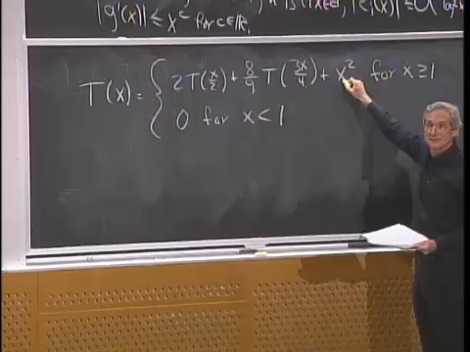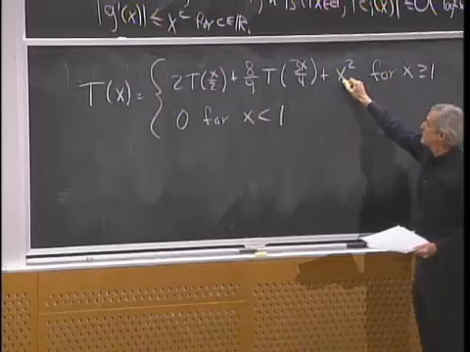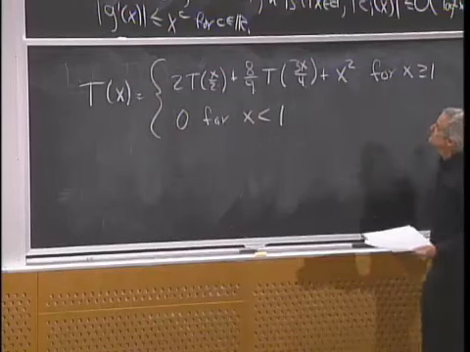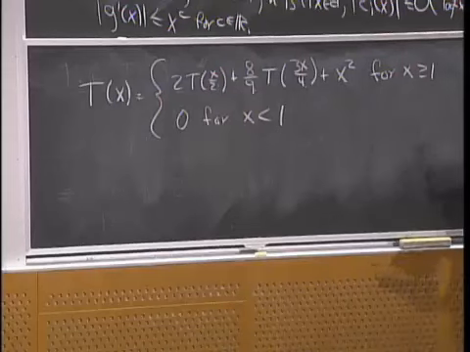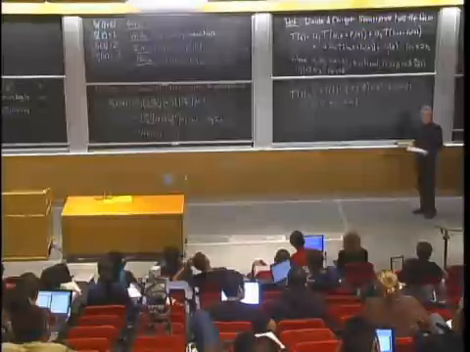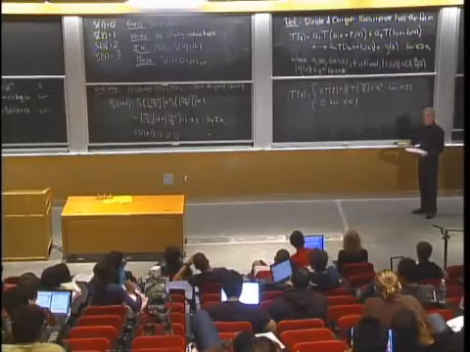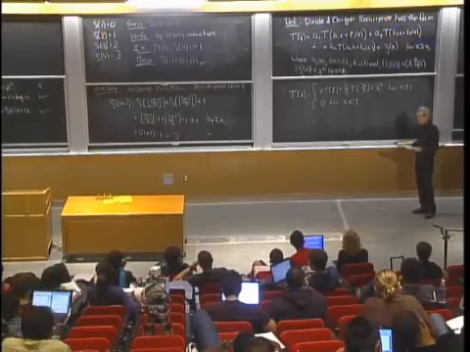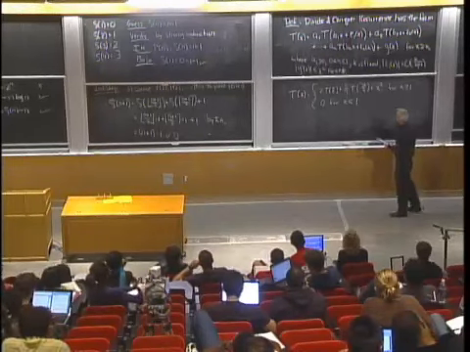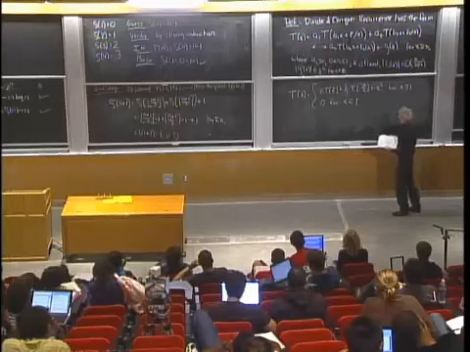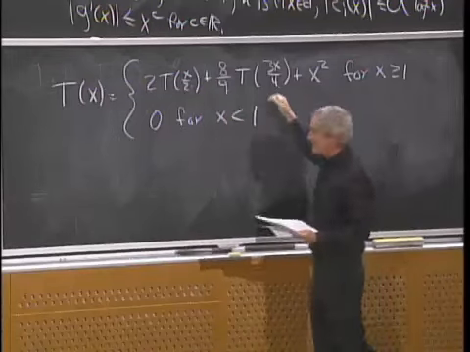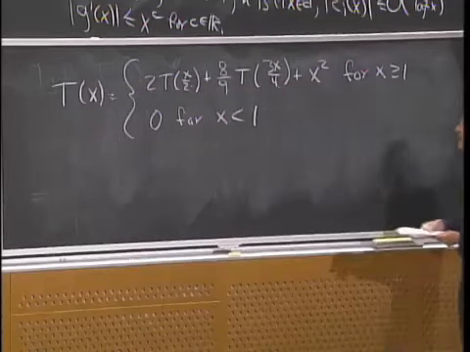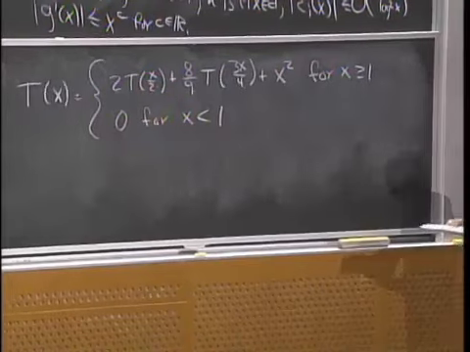That's less than x to a power. So this fits. Any questions about the definition of a divide and conquer recurrence? And you can see why they come up, because whenever you're solving a problem with recursive pieces that are a constant factor smaller, you're going to have something that looks like that.